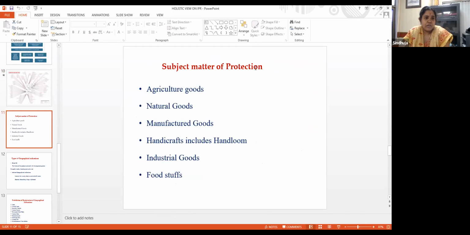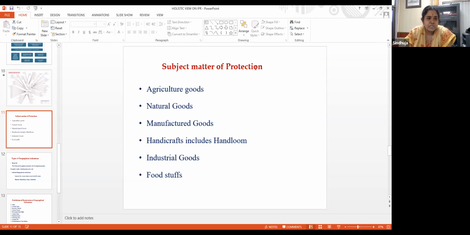Till now we saw that in patent it is a particular newly invented product which is the subject matter of protection. In copyright it is a literary or dramatic work. In trademark we saw the logo or the brand name is the subject matter of protection.